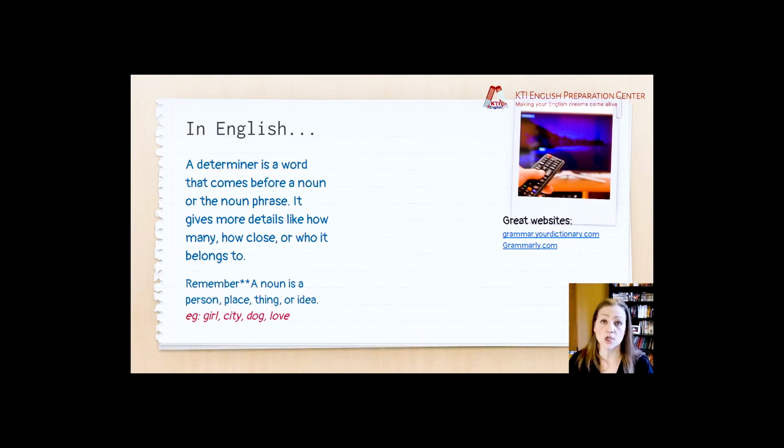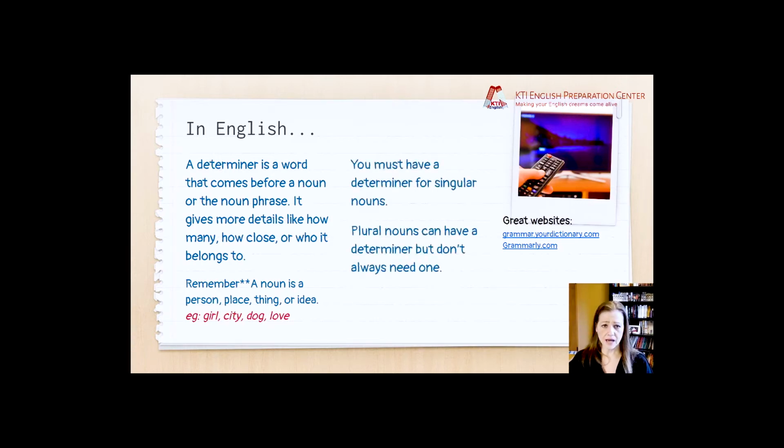Like a person, for example, girl, a place, a city, a thing, a dog, a book, a computer, an idea, love, friendship, that kind of thing, right? In English, we must have a determiner for singular nouns. So nouns meaning one girl, one computer, one dog. We have to have a determiner there to give more information to your listener or your reader. Plural nouns can, but they don't always need a determiner.